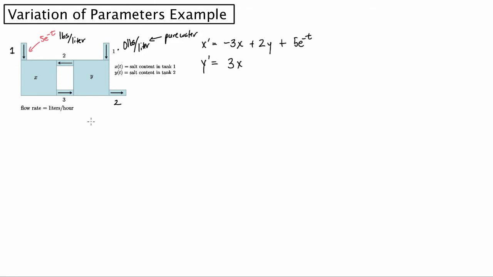So we're not gaining anything from the outside, so this is going to be plus 0. And then it's also losing 2 here and 2 here, so it's losing a total of 4 liters per hour from whatever the mixture is for Y. And so the system that we're looking at here is the following system.